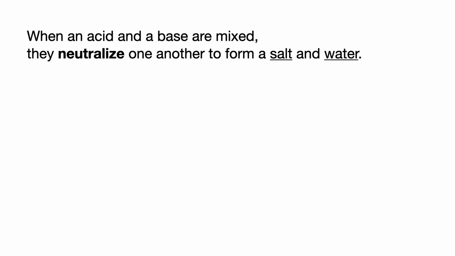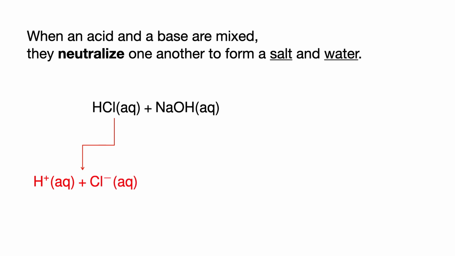So for instance, if we mix the strong acid HCl with the strong base, NaOH. HCl, we know when that's in water, will break up to form hydrogen ions and chloride ions. Sodium hydroxide, when it's dissolved in water, breaks up to form sodium ions and hydroxide ions.